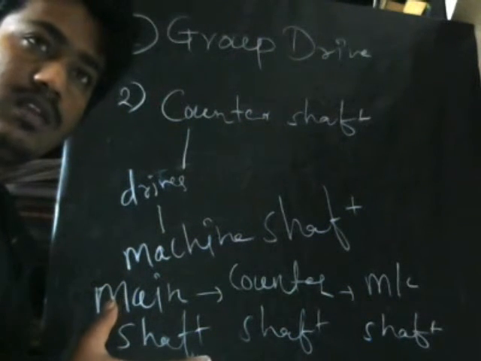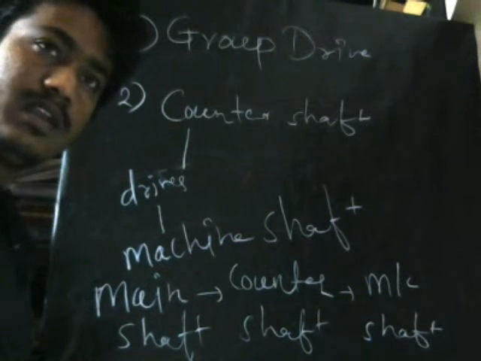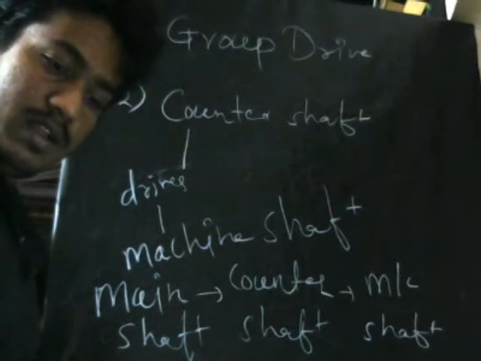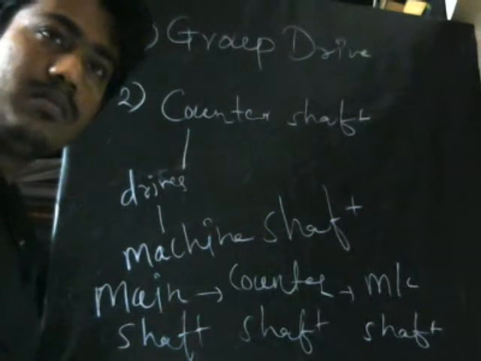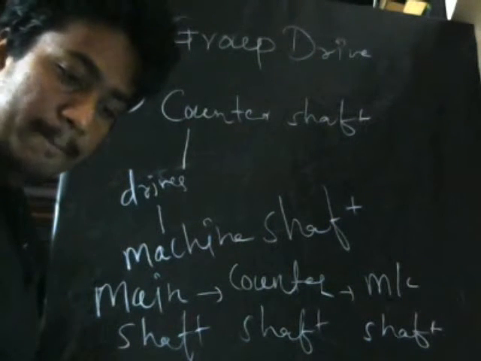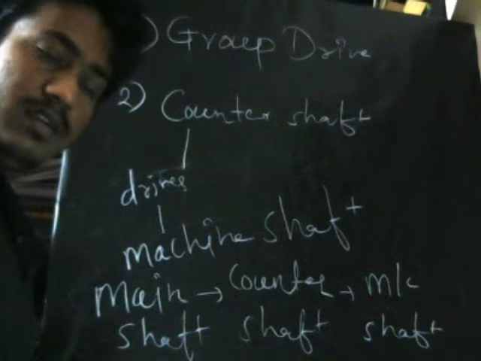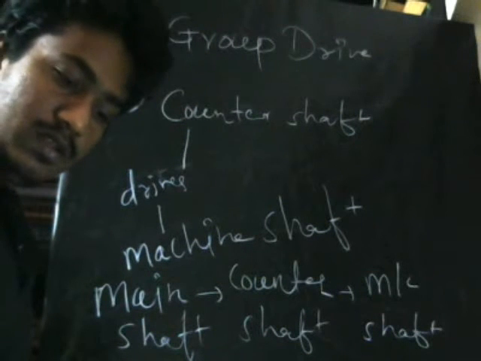We can operate the starting and stopping of pulleys and the drive, but there is no counter shaft necessary for this. And the machine gets drive directly from a pulley on the main shaft.